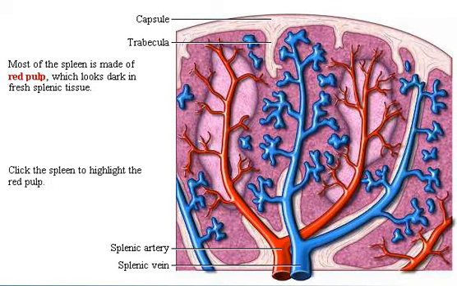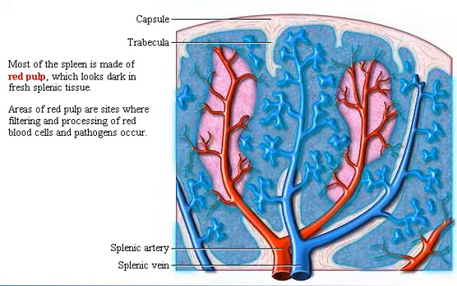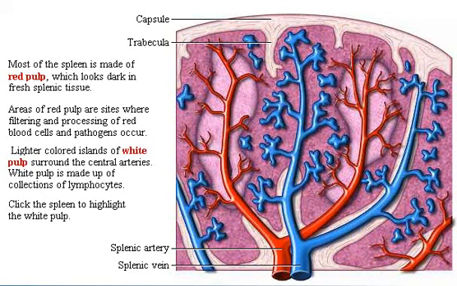Click the spleen to highlight the red pulp. Areas of red pulp are sites where filtering and processing of red blood cells and pathogens occur. Lighter colored islands of white pulp surround the central arteries. White pulp is made up of collections of lymphocytes. Click the spleen to highlight the white pulp.